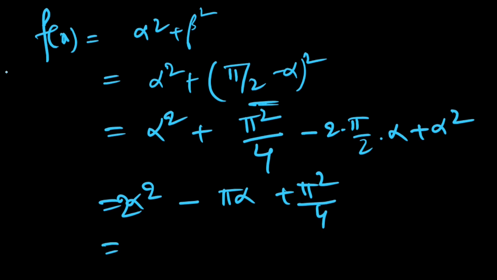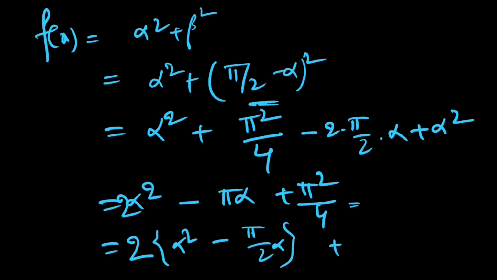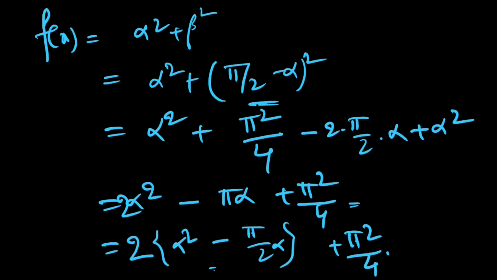Now we write this term as a nicer expression. We first take 2 common, so alpha square minus pi by 2 alpha, and the last term is as usual. We want to write the 2 times alpha square term as something in a square form.